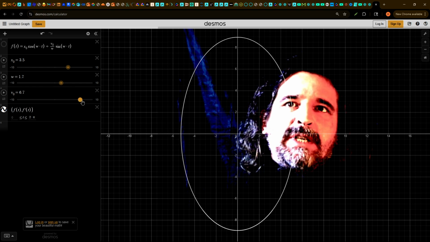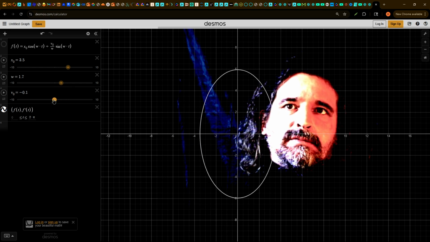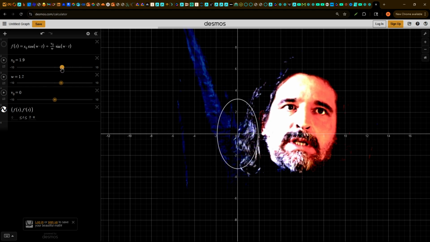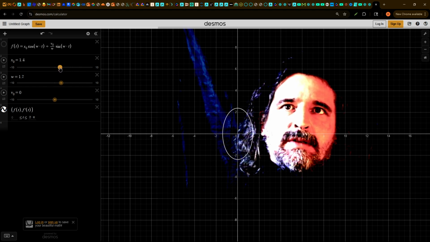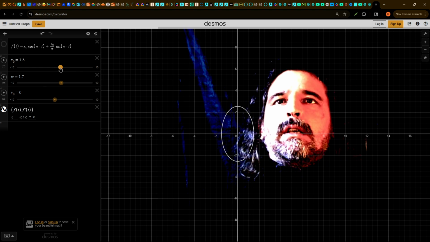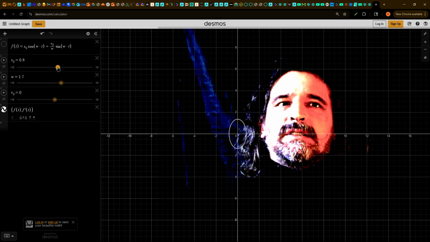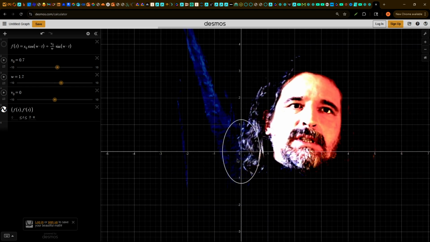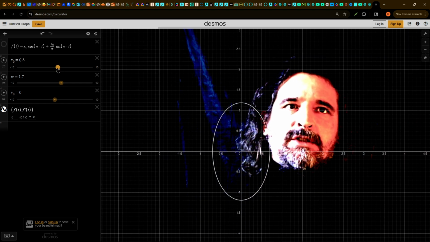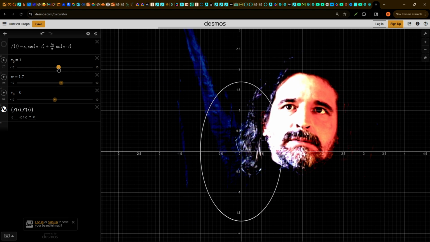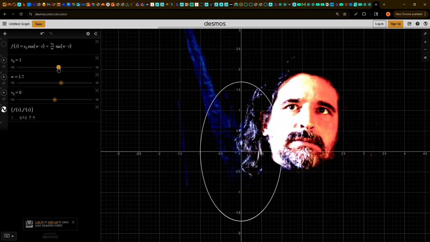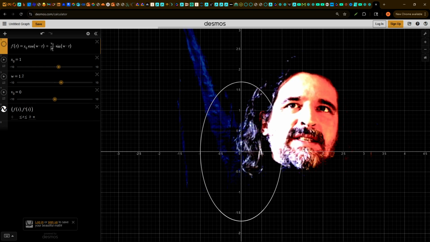Right, if I put v equals 0, then if I put x naught equals, oh, this looks like an ellipse still. Is it correct? X naught equals 1. Ooh. Was this omega or omega squared?